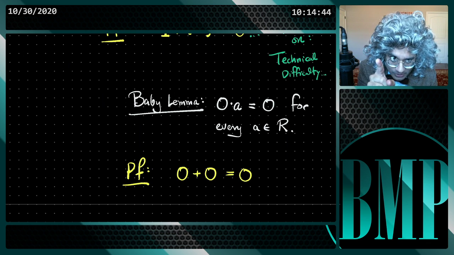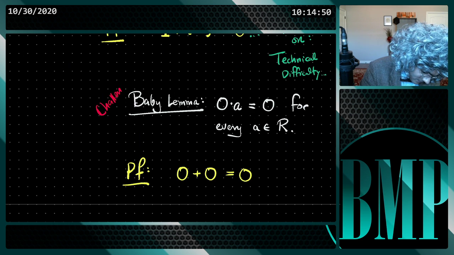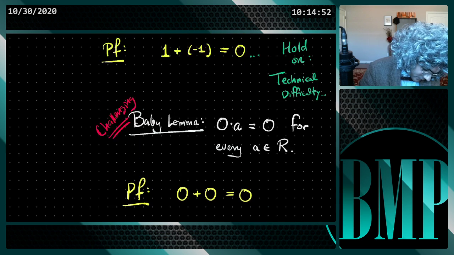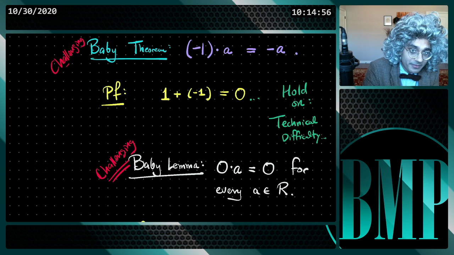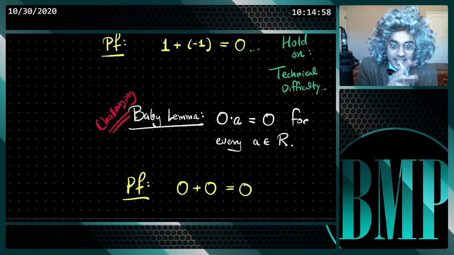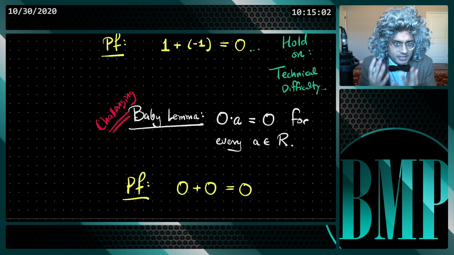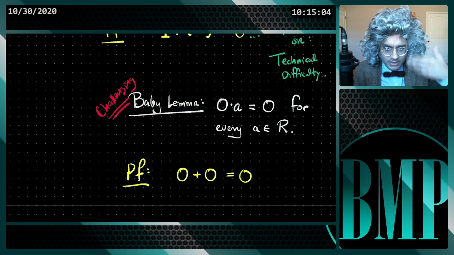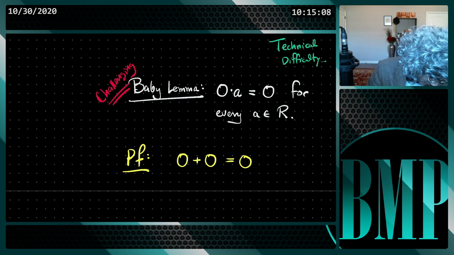I'm getting it now. These are incredibly difficult. Very challenging. For me, they're challenging. Okay, this is true. It's in the group structure. Identity plus identity is identity in group theory. Okay, that's true.